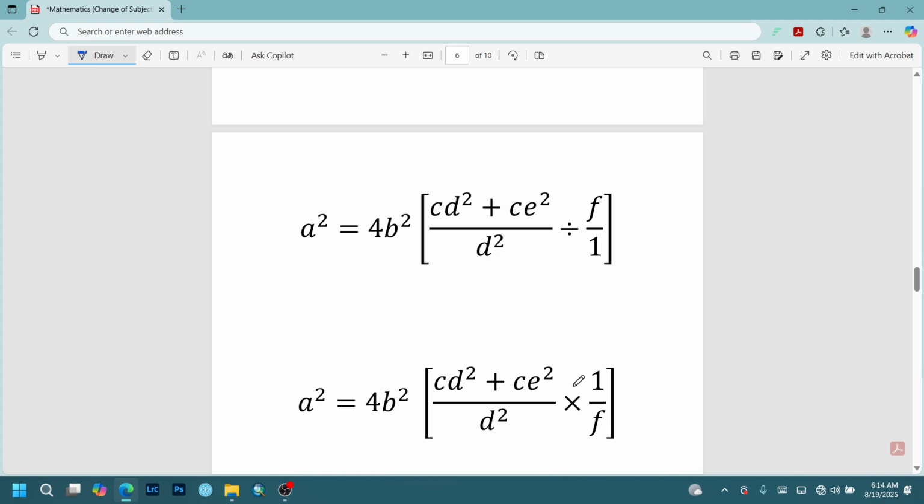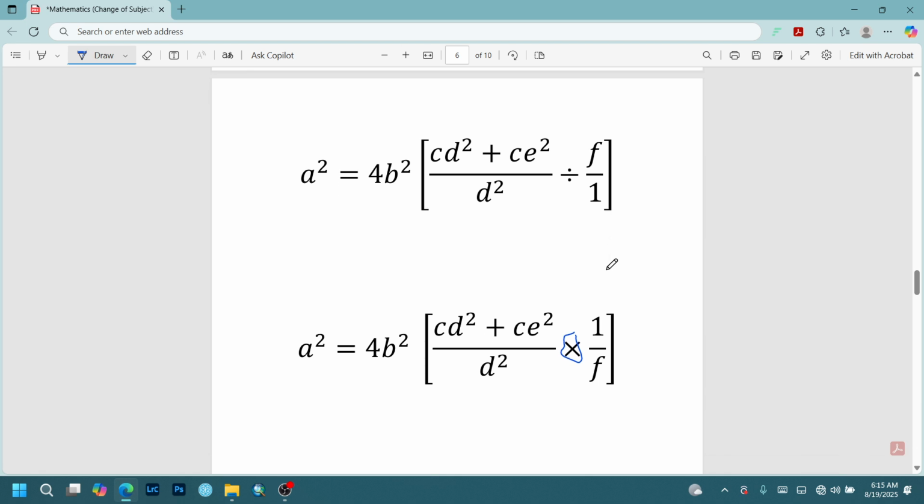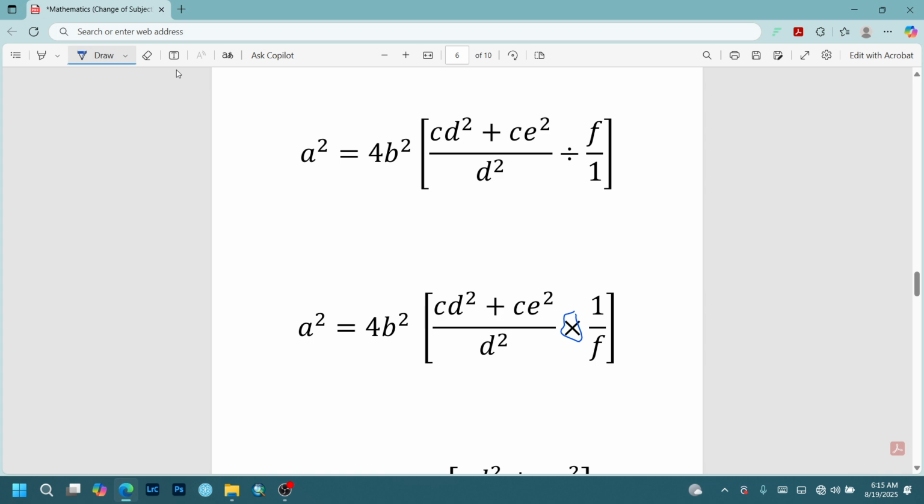Here the mathematical sign has changed to multiplication, and immediately you change the division sign to multiplication, you inversely change the fraction. So if it's f/1 here, inversely changing it becomes 1/f. In a layman's voice, it turns upside down. So that's what it means, and you have to take clear notice of that.